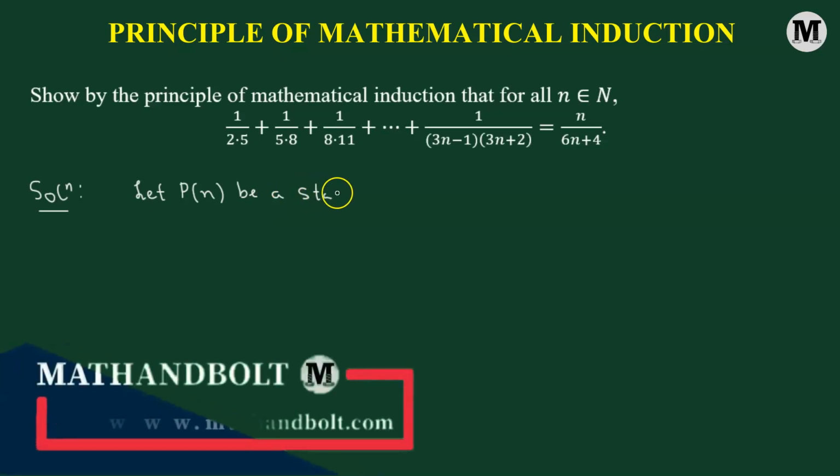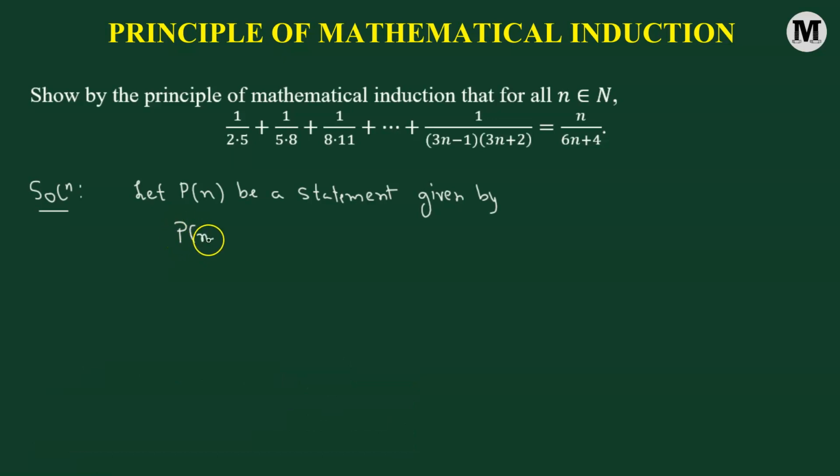The statement is going to be given by P of n such that we take the equation 1 over 2 multiplied by 5, added to 1 over 5 times 8, added to 1 over 8 times 11, and this goes all the way up to the last term, which is 1 over (3n minus 1) multiplied by (3n plus 2).